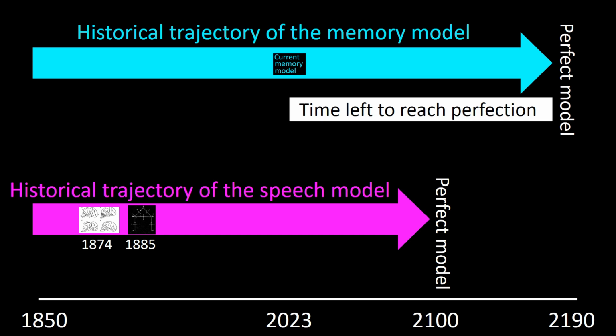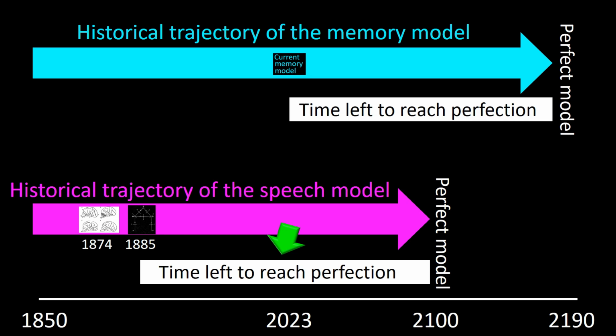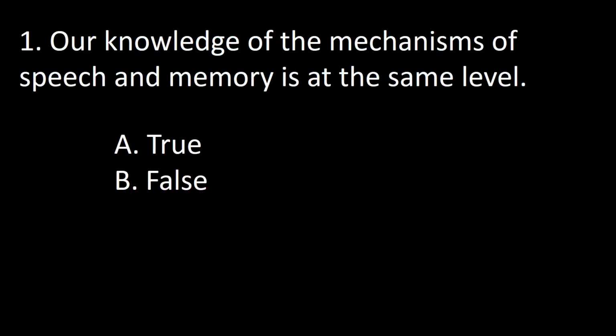Notice that the time spent from our current memory model to the projected completion of the perfect memory model is more or less the same as Wernicke's and Lichtenstein's speech models were when they were created. So the answer to this question is false.